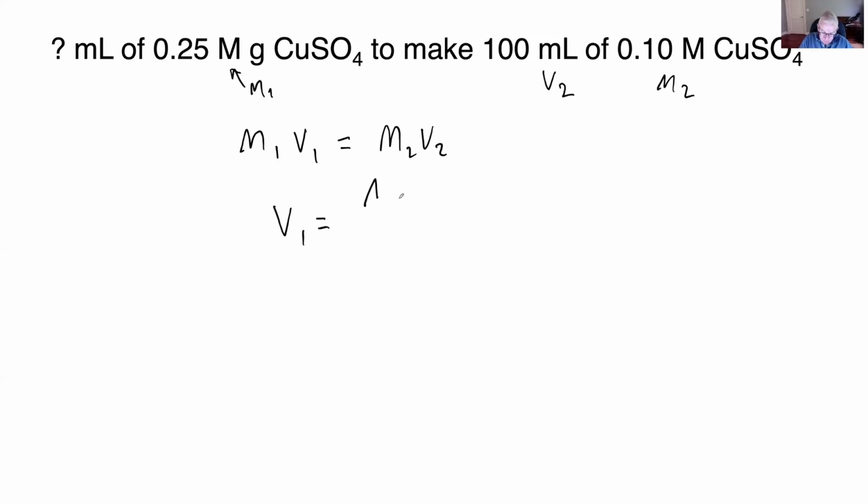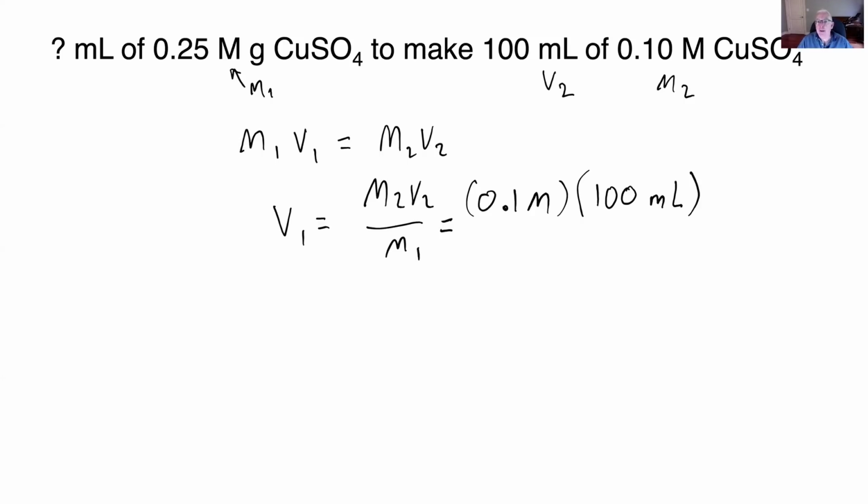That's equal to M2V2 over M1, which in our case is 0.1 molar. I'm just going to leave my volume in milliliters because then I'll get my answer in milliliters. I could put that in as 0.1 liter and then my answer would come out in liters. As long as I'm paying attention and know what units I'm in, it doesn't make much difference.